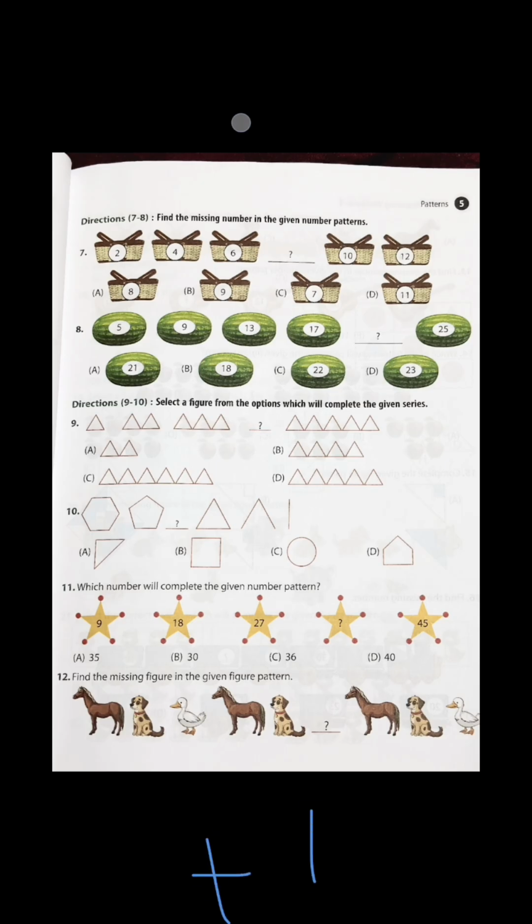So we got 2 by adding 1 to 1. We will get 4 if we add 1 to 3. So let's do it. Here we got 4. That means 4 is our correct answer.